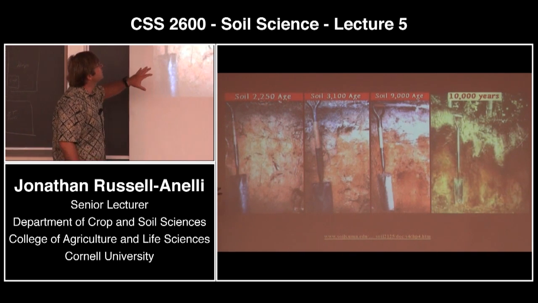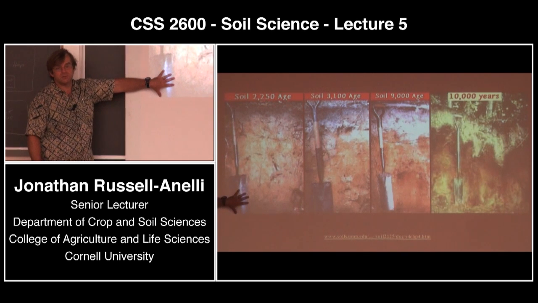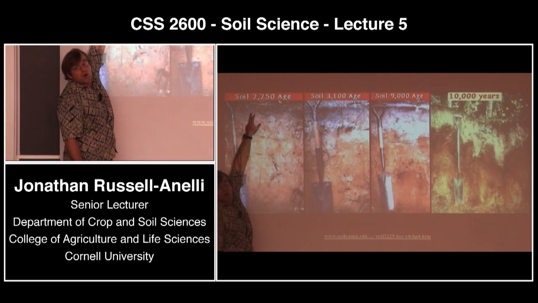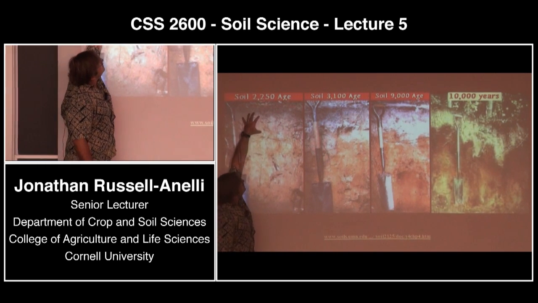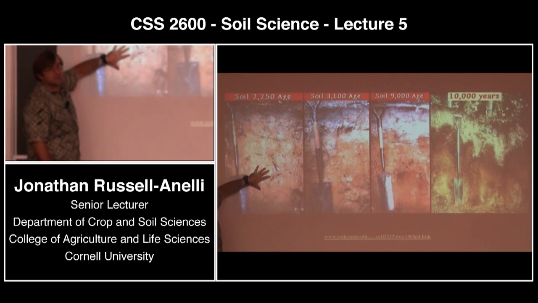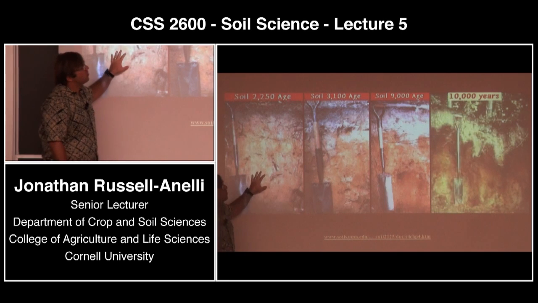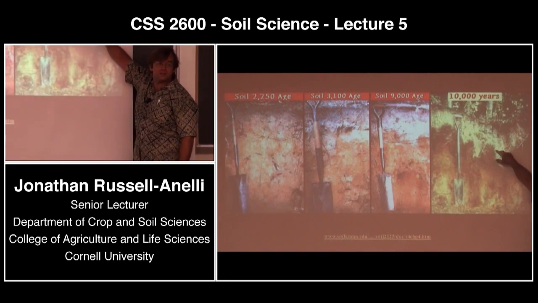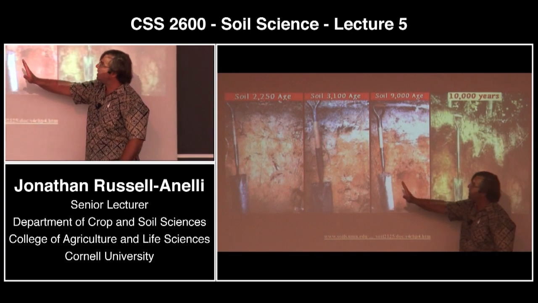Here is 2,200 years ago-ish. You can certainly see the O's and A's at the top. You can start seeing that A development, and some washes of red down here. You go to the other extreme, and you can see the full development 10,000 years ago. But you can see this progression.